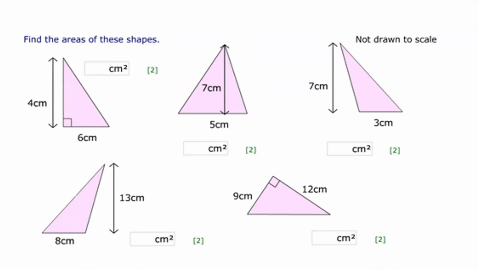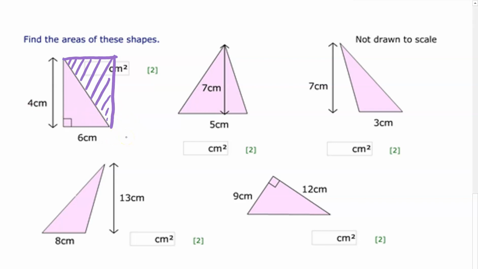Now triangles are a bit weird. Because if I started it as a rectangle, how much of it is now shaded in by what I did? It's half. Half of that shape I have shaded. And we know that that's a rectangle.